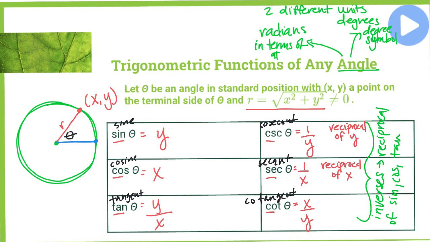I always remember that sine goes with cosecant because sine starts with S and cosecant starts with C, and that cosine goes with secant because cosine starts with C and secant starts with S. So it's like the C and the S letters flip. S, C, C, S. That's just how I remember them.